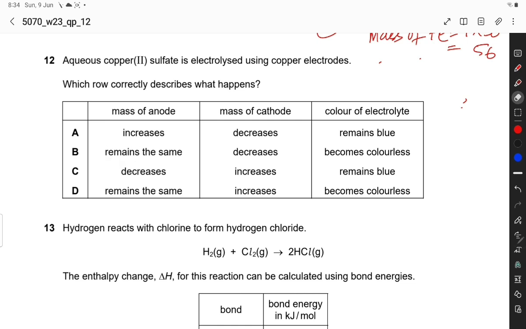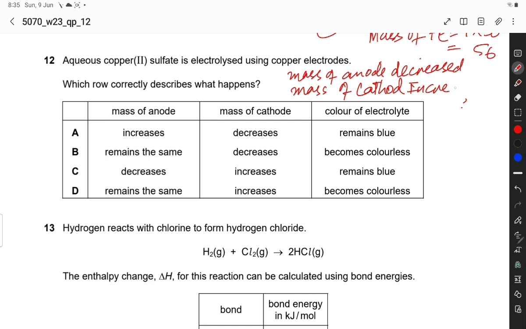Mass of anode increased, mass of cathode decreased, mass of cathode increased, color of electrolyte remains blue or becomes colorless.